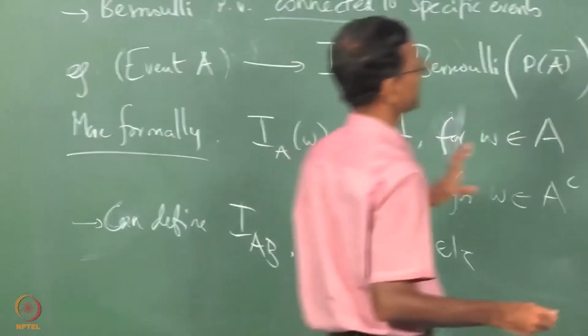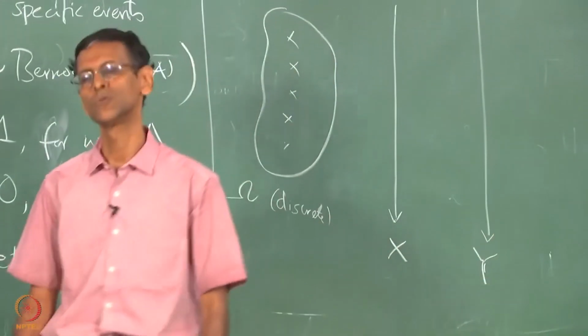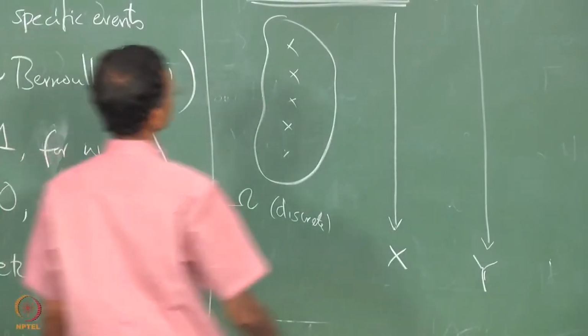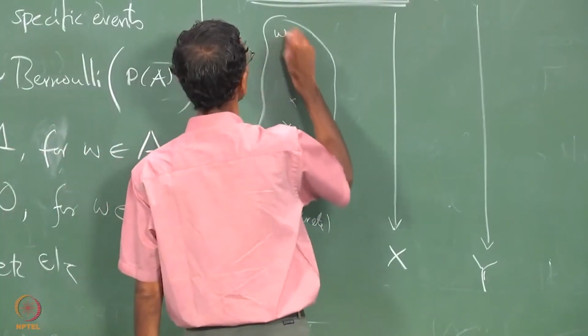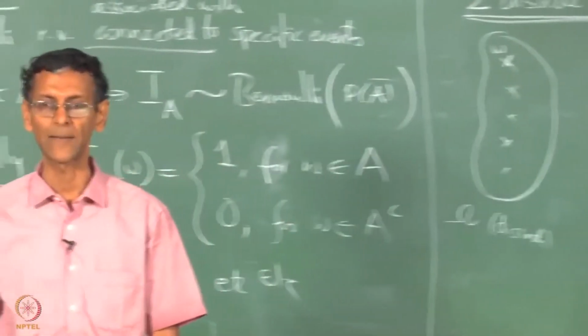So, we are only interested now in the case of a discrete sample space omega and two random variables x and y. Consider any sample point small omega in capital omega.